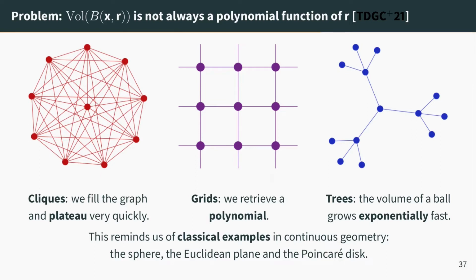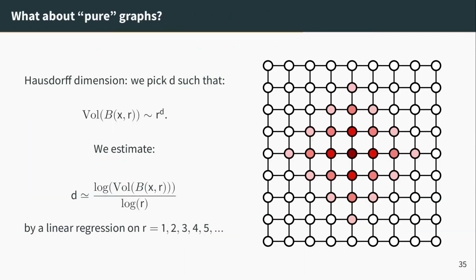If you think about it, on a tree, the volume of a ball grows exponentially fast. Because every time you increase the radius of a ball on a tree by 1, you multiply the number of nodes here by 4. So you have an exponential function, not a polynomial. And so if you try to apply this linear regression, you do not get a useful coefficient.